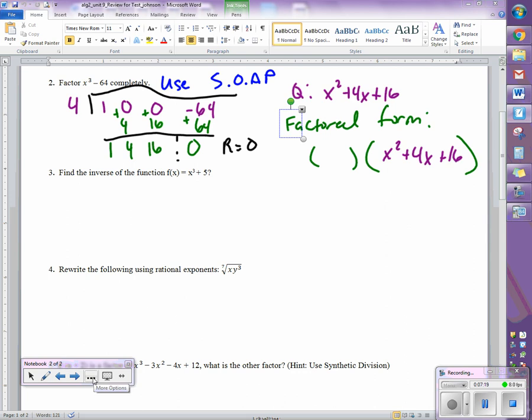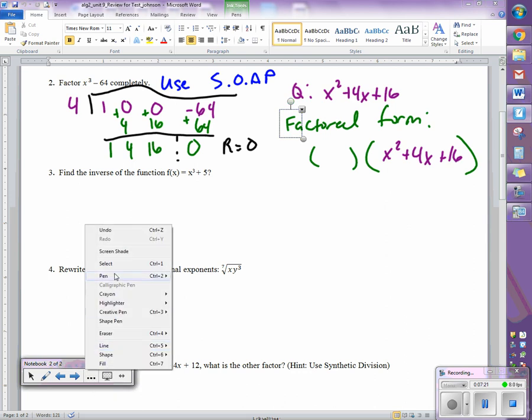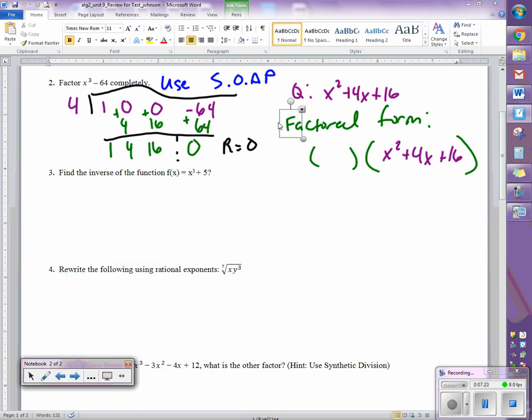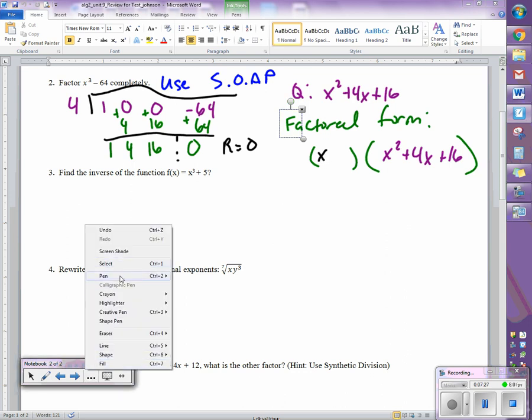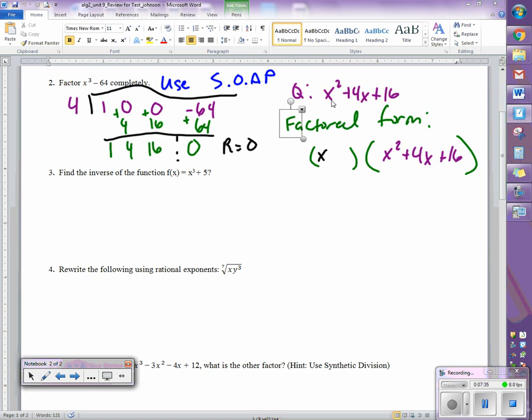And then I use the other solution, the 4, and I put it inside parentheses with x, but you got to remember when you put things inside parentheses or take things out of parentheses, you change the sign. So when I put 4 inside the parentheses, I need to make it a negative 4. So this is the solution right here to number 2.